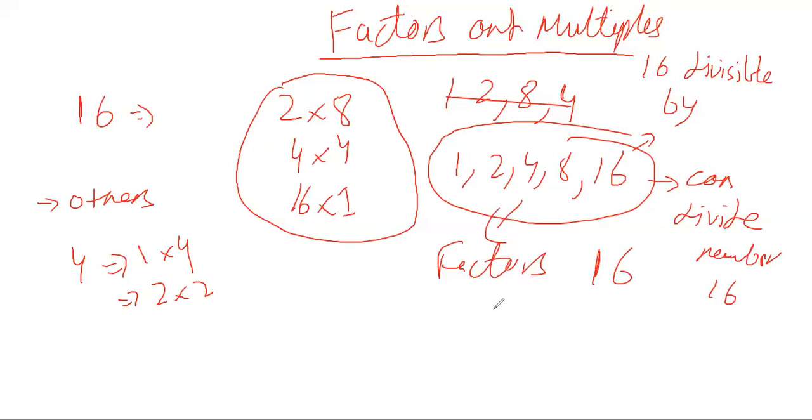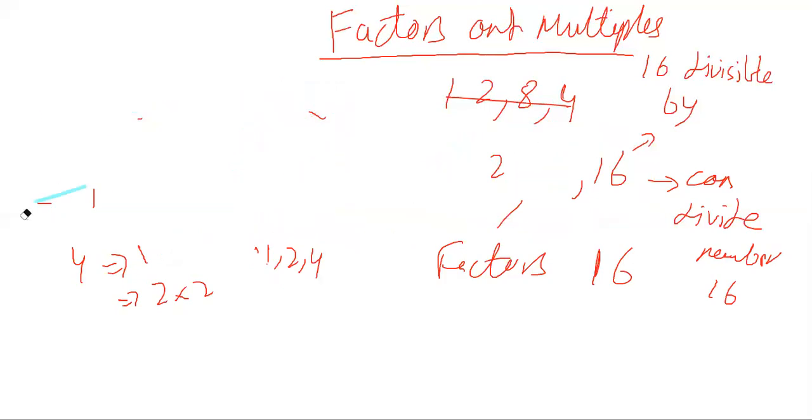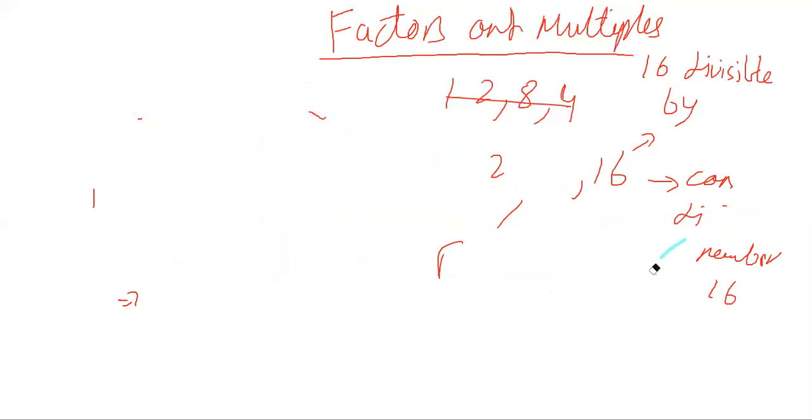So the factors are 1, 2, 4. And in other words, 4 is divisible by these numbers, because when they are factors, they can also divide the number. So 4 is divisible by these numbers. It is clear what factors are, right?